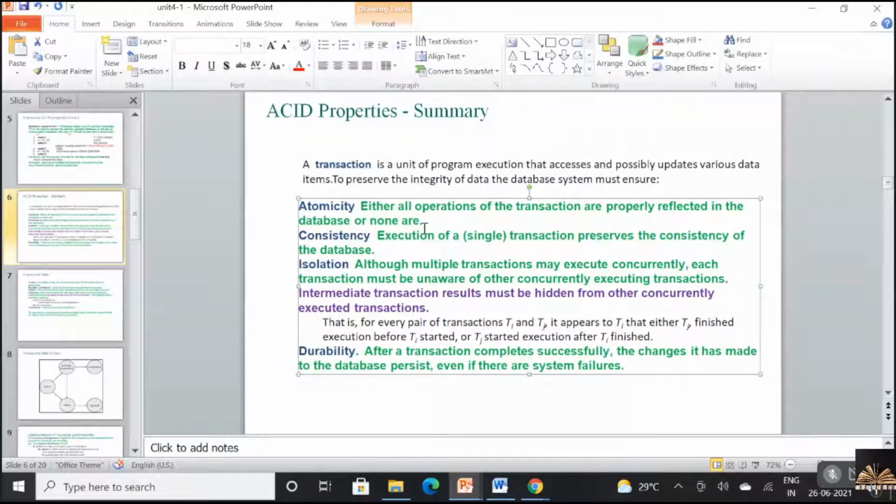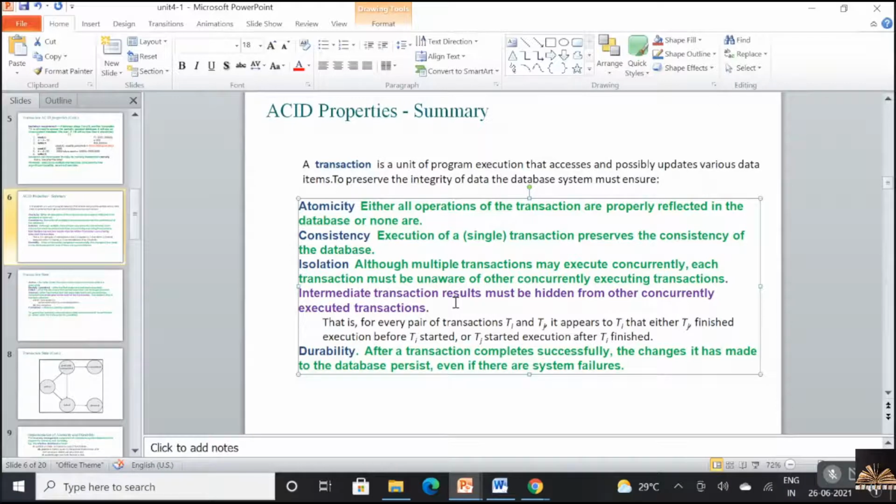Now, atomicity: either all operations of the transaction are properly reflected in the database or none. Consistency: execution of a transaction preserves the consistency of the database.